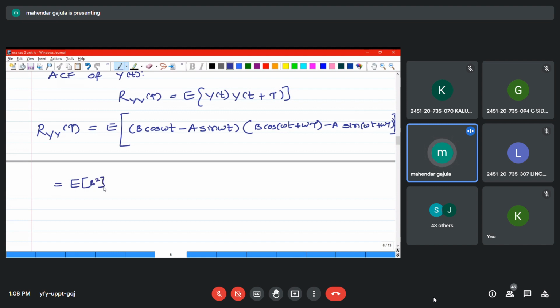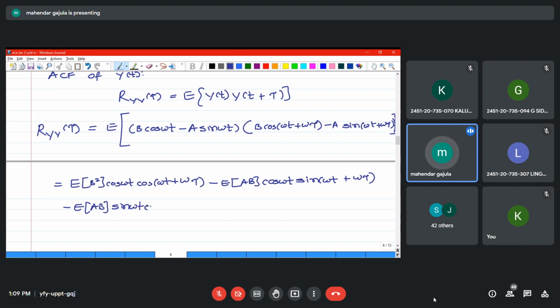So expectation of b square cos omega t cos omega t plus omega tau, minus expectation of ab cos omega t sin omega t plus omega tau, minus expectation of ab sin omega t cos omega t plus omega tau, and minus into minus plus expectation of a square sin omega t sin omega t plus omega tau.